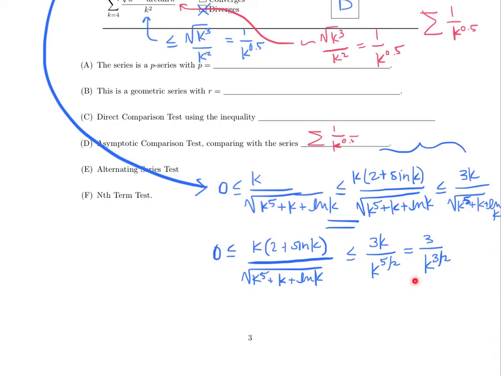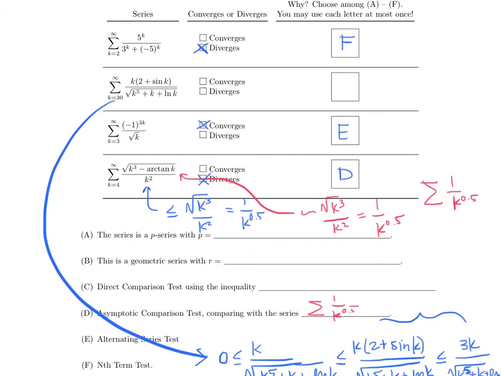And this can be simplified to 3 over k to the 3/2, which is a scalar multiple of a p-series where p is equal to 3/2, and this converges. The series whose terms are all 3 over k to the 3/2 converges, and our series whose terms are all less than that is going to converge as well. Let's fill out the table above. That means that this converges, and that converges by the direct comparison test.